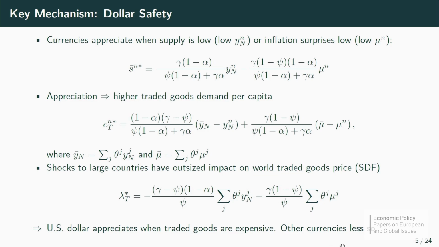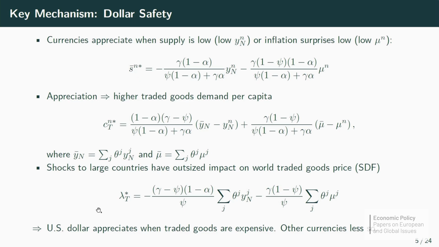If you're a small country like Denmark and you have a high demand shock, that's great. You're going to import some more traded goods, but because you're small, you have a pretty small effect on the world price of traded goods. What this mechanism does is it drives a strong covariance between the world price of traded goods, and also the SDF, with the exchange rate of the large countries in the world.